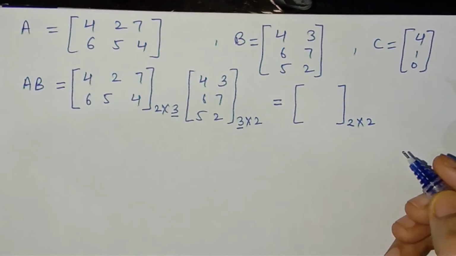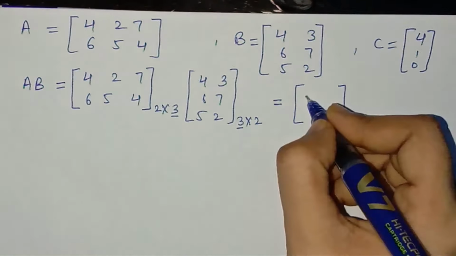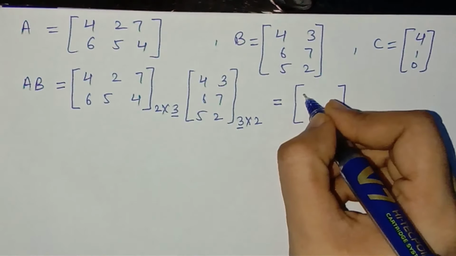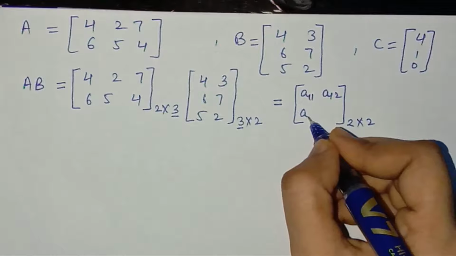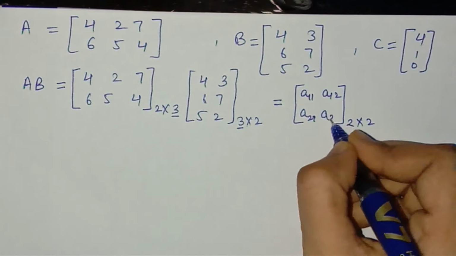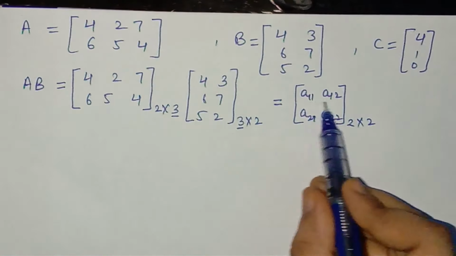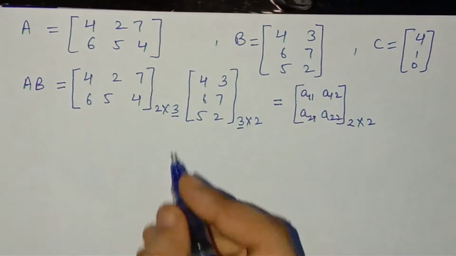In this case there will be 4 elements in this matrix. Now how can we get the values for these elements? Let's see.